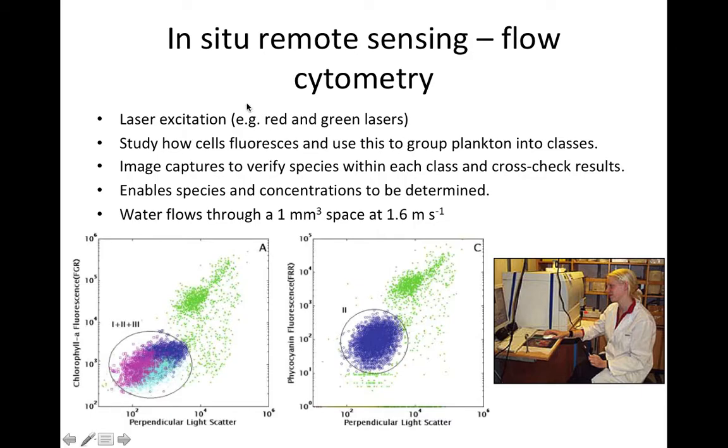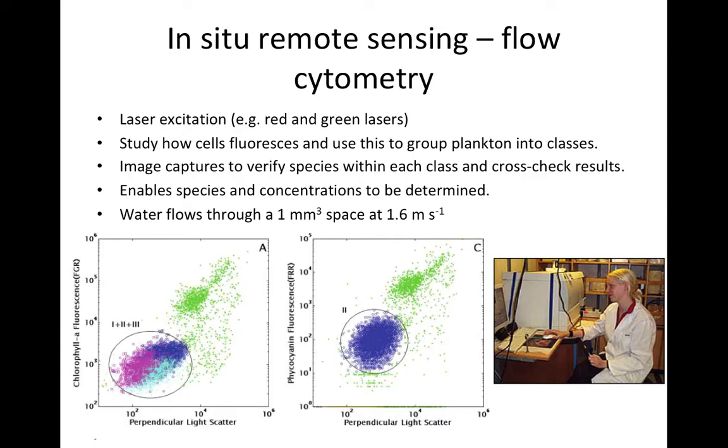Obviously this approach is good if you're looking for small plankton, but it's no good if you've got large plants or animals going through, because clearly it's going to block it up. It works by using lasers to excite the contents of the water sample, and they fluoresce, and from their fluorescence response you can identify which groups or classes of plankton are within your water sample.